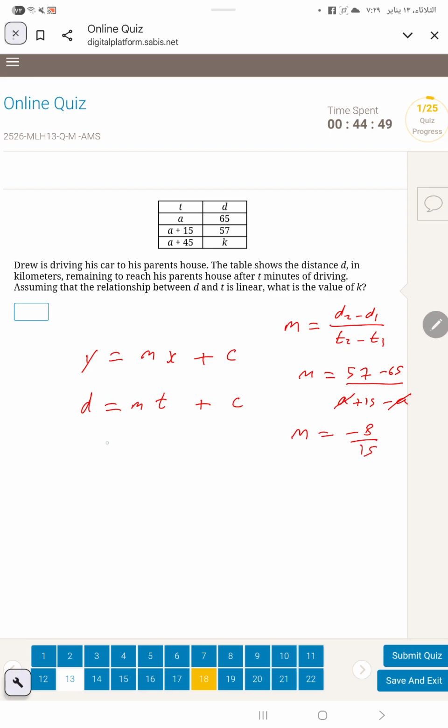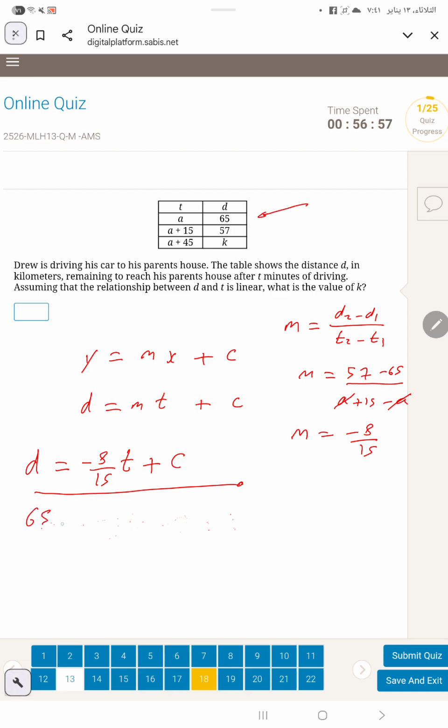So now we plug this in the equation. D is equal to negative 8 over 15 t plus c. Now to find c, we can use the first point, 65 and a, this one.